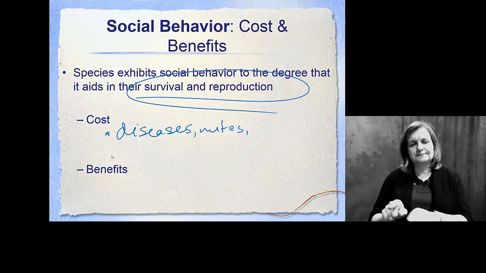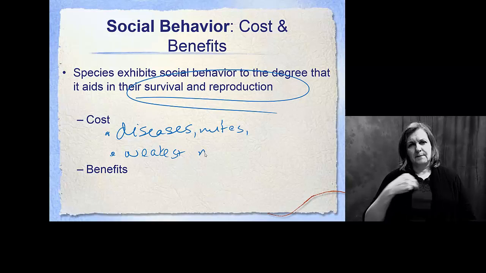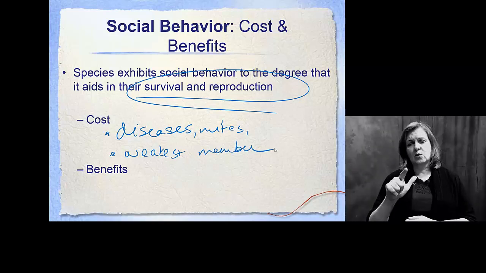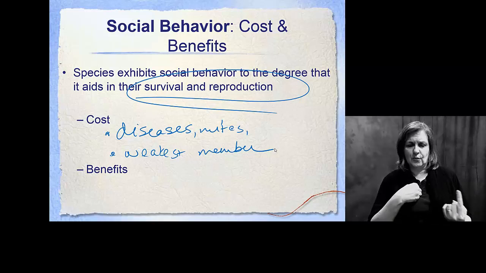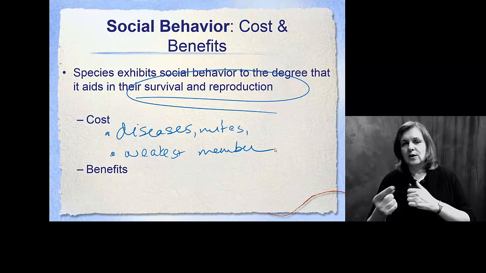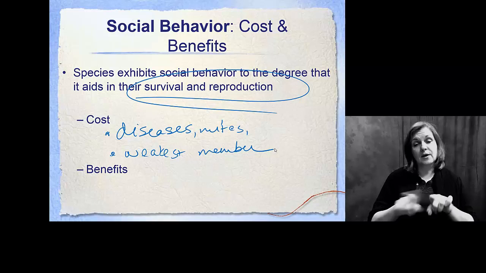The other thing we have to worry about is the weakest member. If you really are going to have a strong social network, you don't leave the weakest member behind, but that weakest member will slow everyone down. These are huge costs to a population, but there are also huge benefits.